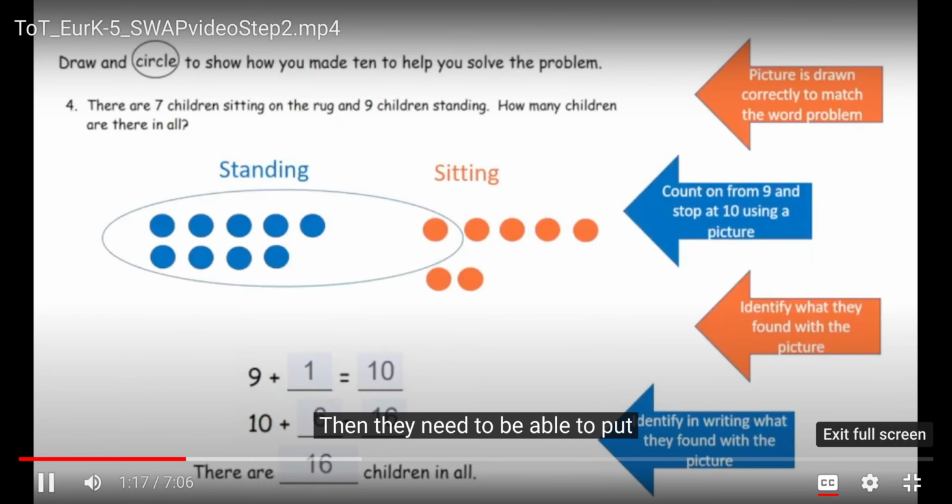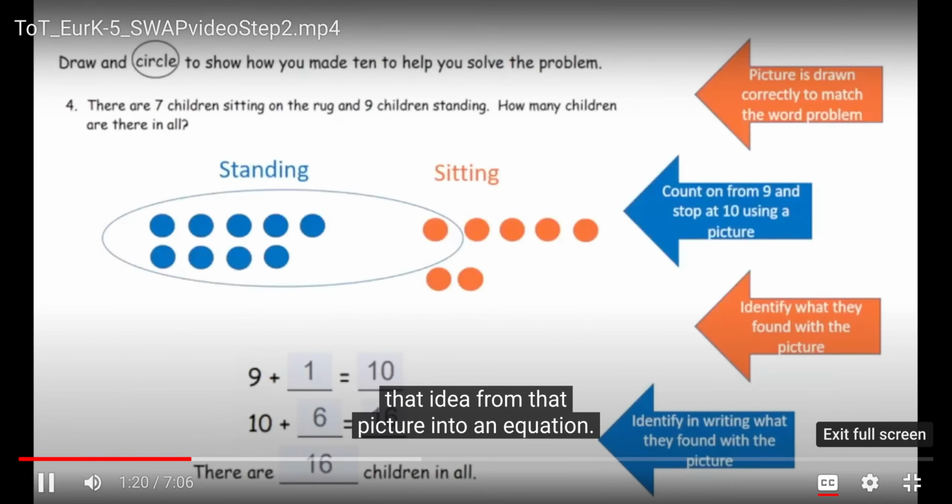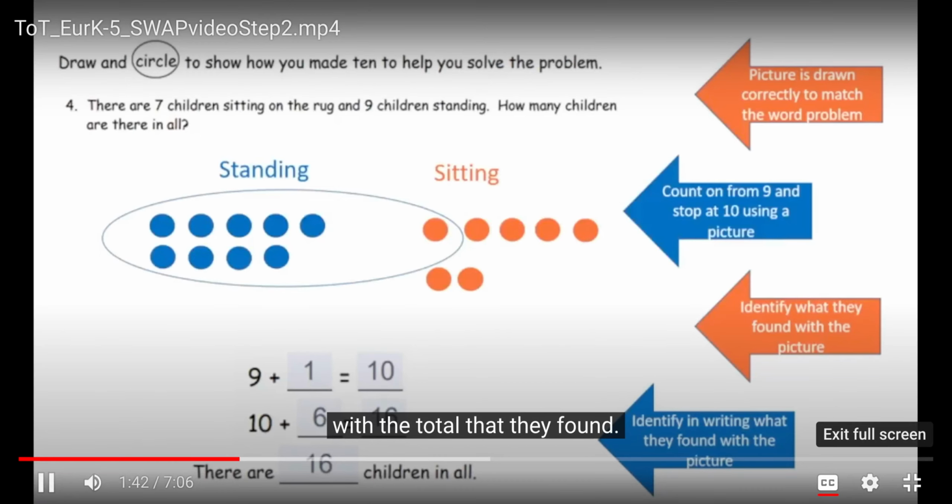Then they need to be able to put that idea from that picture into an equation. After that, students need to be able to count on from 10 to identify the total using the same picture, and then again communicate that same idea from the picture in an equation. Finally, students complete the statement with the total that they found.